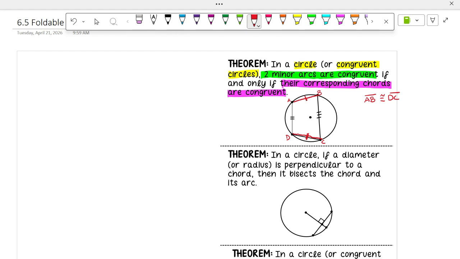So that means that since these two chords are congruent, these two minor arcs are also congruent. So arc AB is congruent to arc DC. So if you look, it's really where the segment starts and ends, the arc that's formed in between the segment, that's the arc that we're looking at.